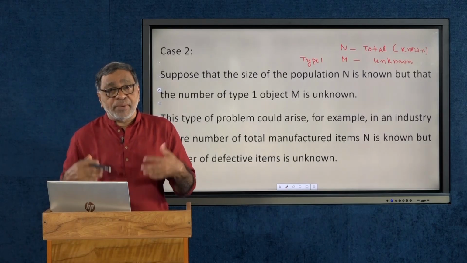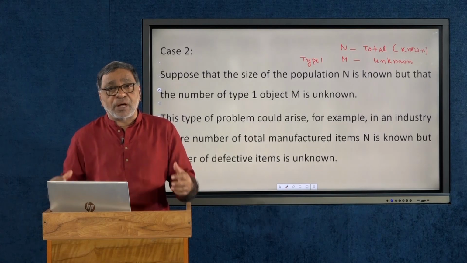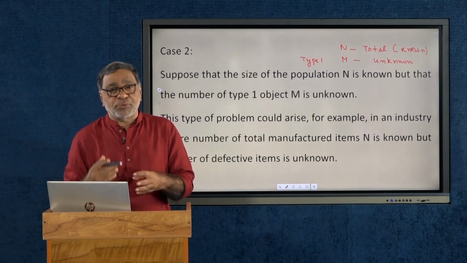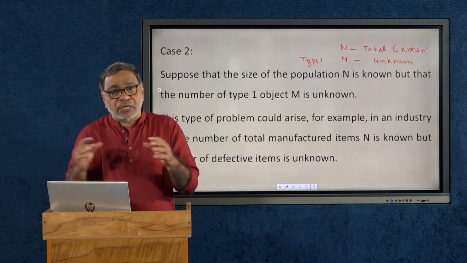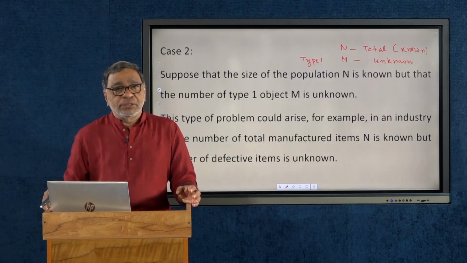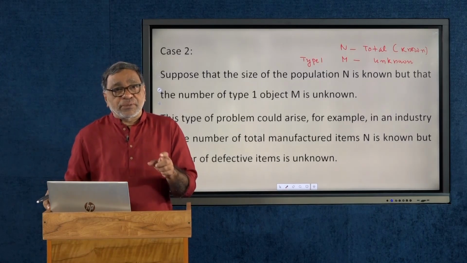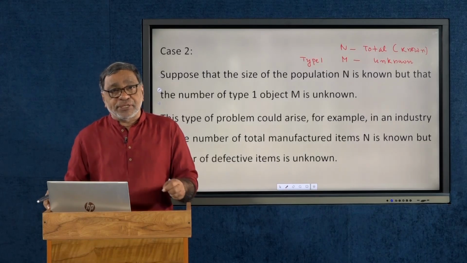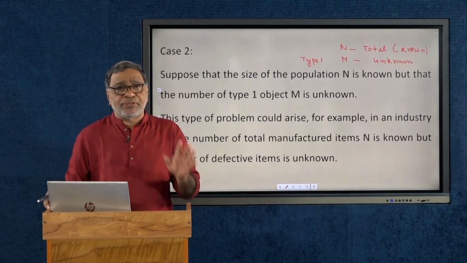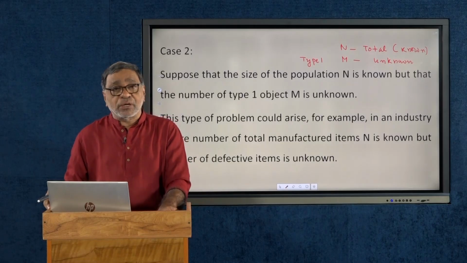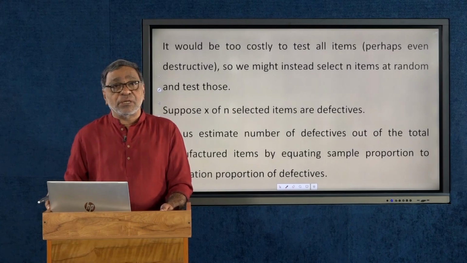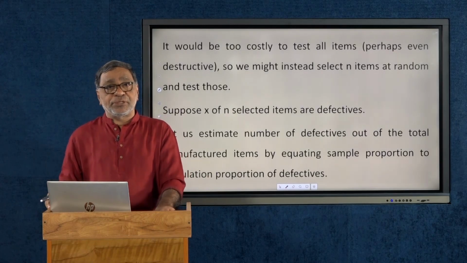So how are the industry people identifying the approximate number of defective items produced by that machine or production unit? Here the problem is estimating the type 1 object, which here means defective. That also can be addressed using the concept of hypergeometric population.